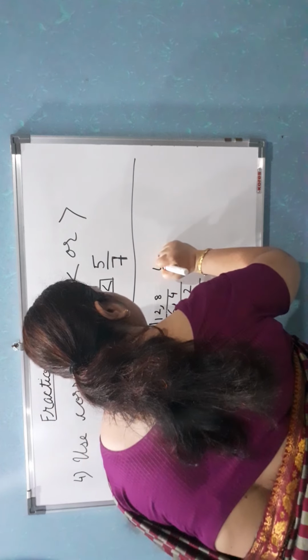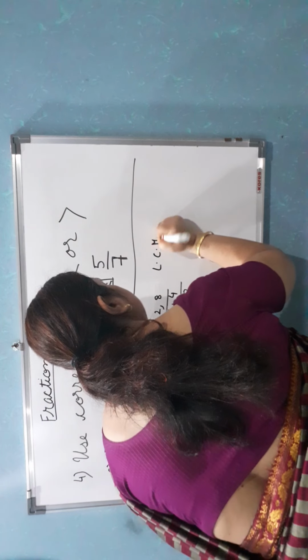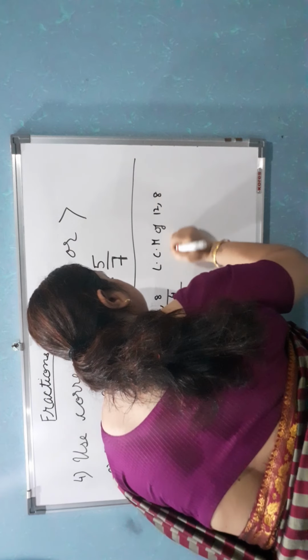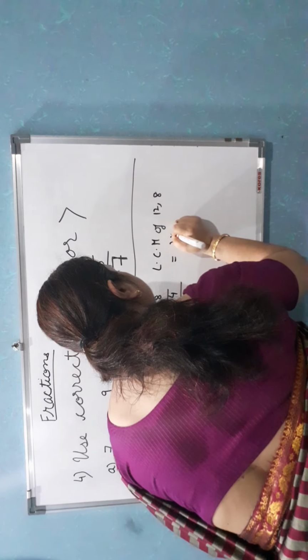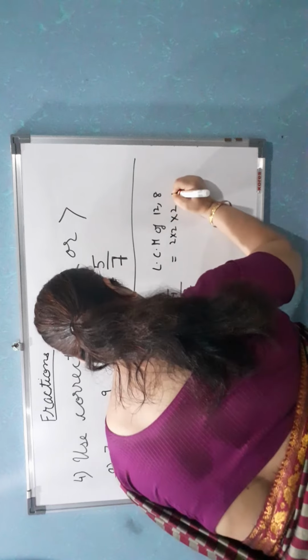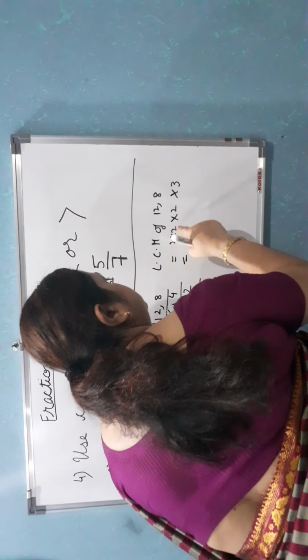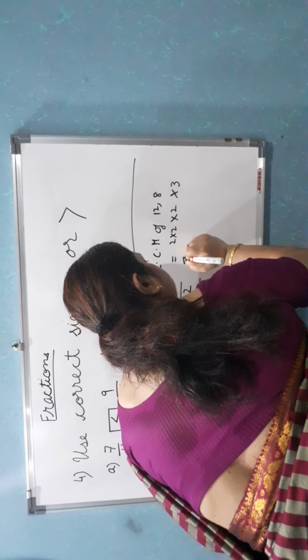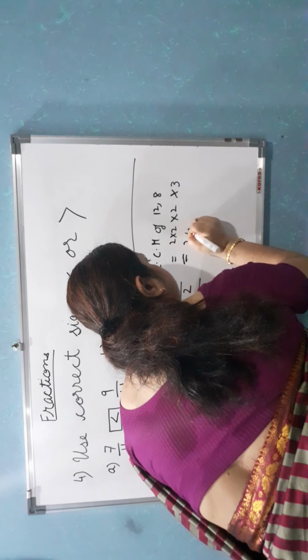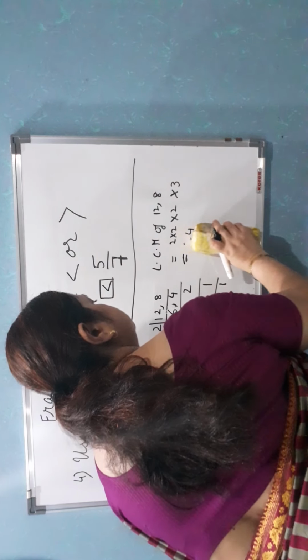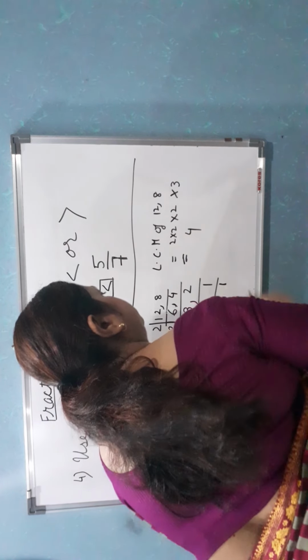So LCM of 12 and 8 is equal to 2 into 2 into 2 into 3. So 2 2s are 4, 4 2s are 8, 8 3s are 24. Okay. So you got LCM 24.